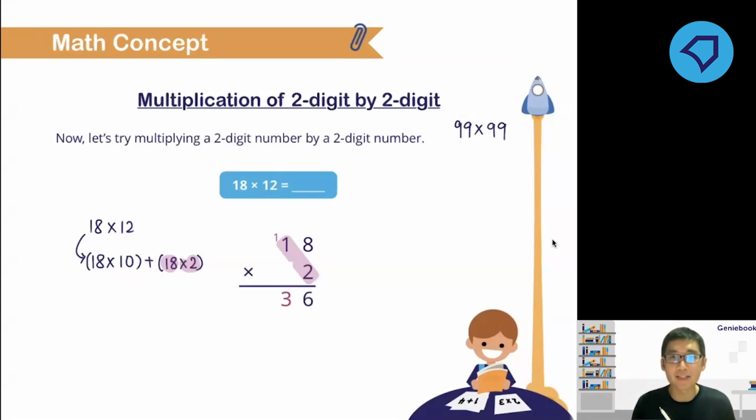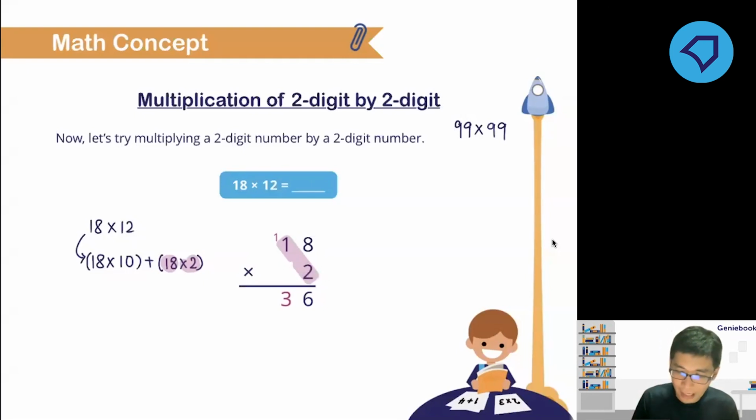Yes, that is right. So we start off with multiplying 18 by the 2 first. Let's ignore the 1 in the 12 first. When I'm doing the multiplication by a 2-digit number such as 12, let's ignore the tens place and just focus on the multiplication of 18 by 2 first. Up to this point, everyone understand?